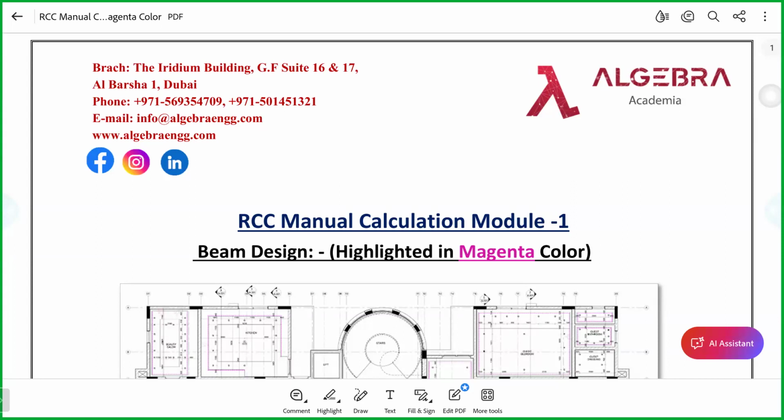So now we go directly to the module of RCC manual calculation, because our focus is completely on manual calculation.